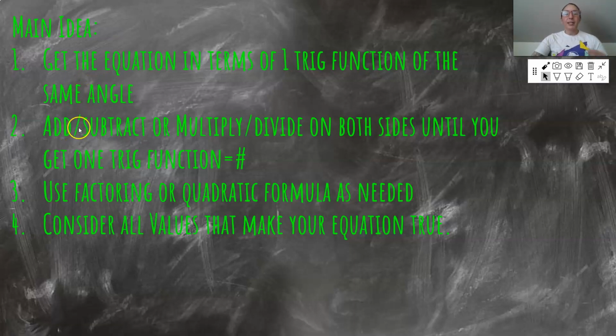In order to get that, we need to add, subtract, multiply, divide on both sides, right? Add 2 on both sides, divide both sides by 3, whatever it is, until we get one trig function equals a number. That's the idea. Or we have a multiple equals 0, in the case of a quadratic. And then you'll see we're going to use factoring and quadratic formula as needed.